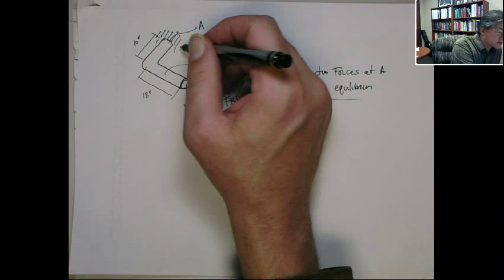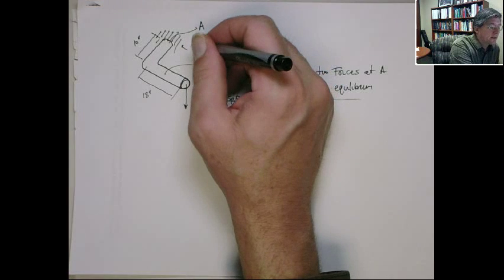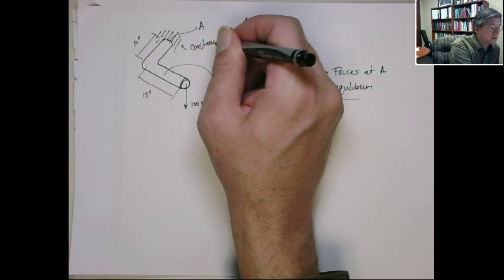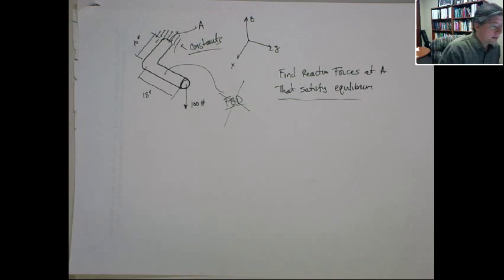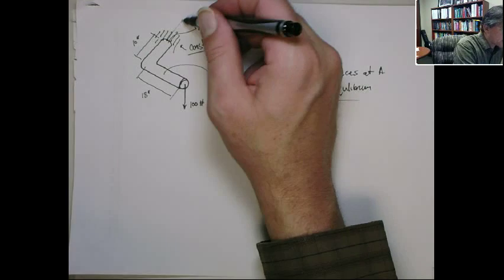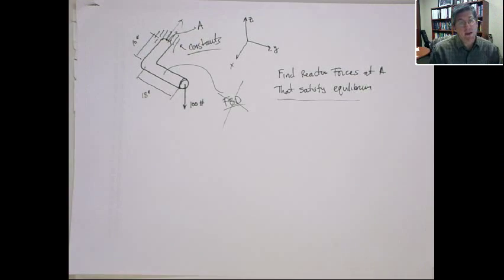I am showing constraints here, okay? So I'm showing the constraint there that it's fixed. It's not a free body diagram. And then just putting some force arrows here doesn't work either. All right?